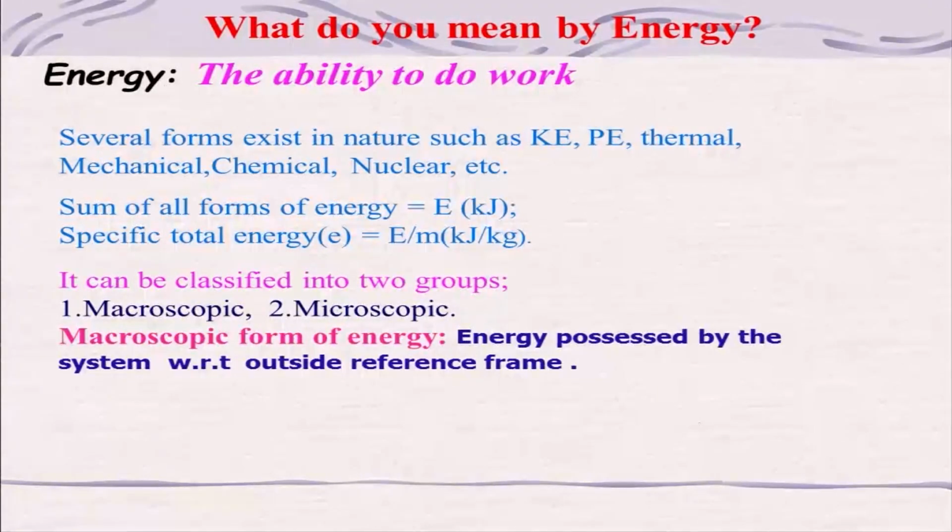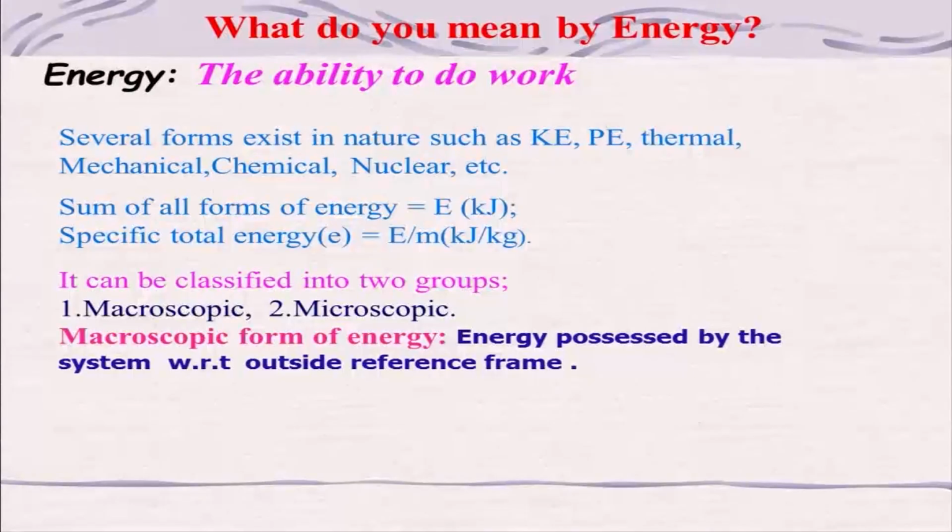As I told you, this energy can be broadly classified into two categories. One is the macroscopic form of energy, the other is the microscopic form of energy. The microscopic form of energy is related to the molecules, atoms, and the extent of their activities, whereas the macroscopic form of energy is possessed by the system with respect to an outside reference frame.